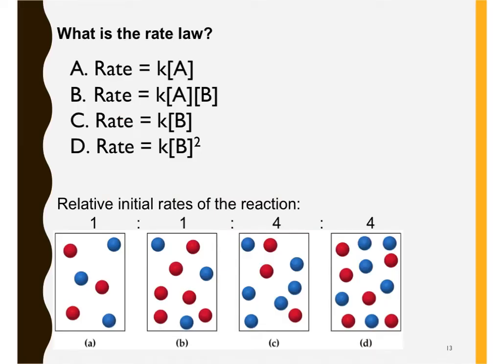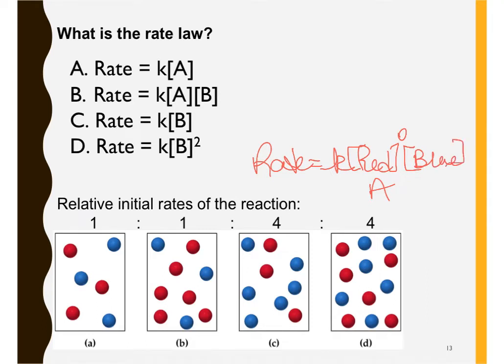Okay, so now that we have determined the order with respect to each of the reactants, what is the rate law? Let me just remind you of what we've learned. It was 0 order with respect to red, which I guess they're calling A, and it was second order with respect to blue, which I guess they're calling B. We know that anything raised to the 0 power is equal simply to 1.